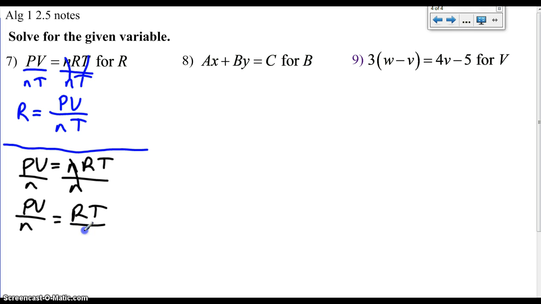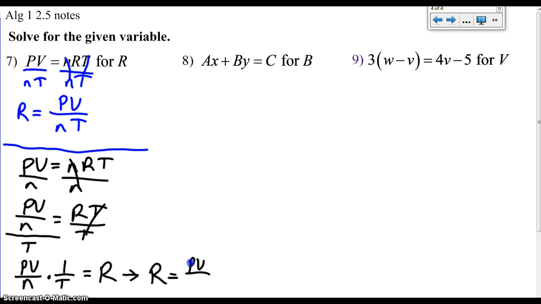At this point we have to divide by t, and this is the part that may seem a little bit strange to you, having a complex fraction over here. So really what we would have to do is consider this to be PV over n times 1 over t equals r. And again, we would get that r equals PV over nt.